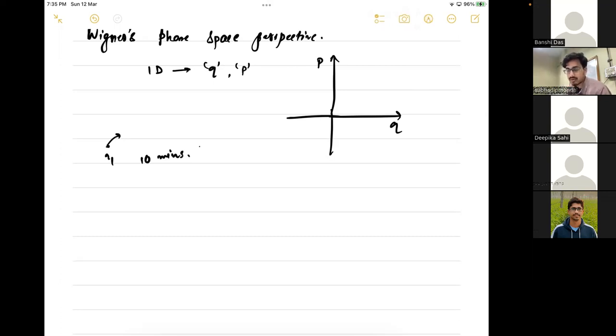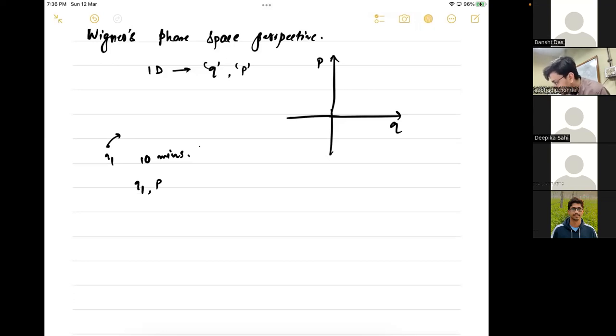You cannot use the equation of motion to predict the position of that particular stone after 10 minutes without knowing its speed. So to predict accurately the position of the stone after some time, you have to know at the initial time the coordinates, from where you are throwing, and the momentum or velocity.